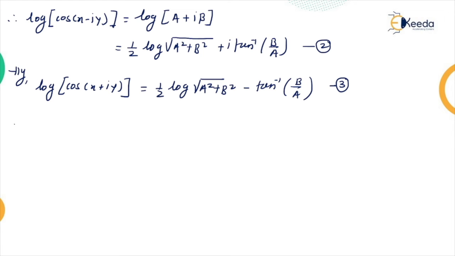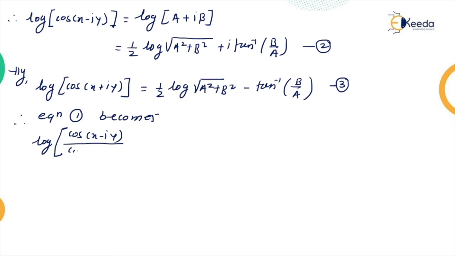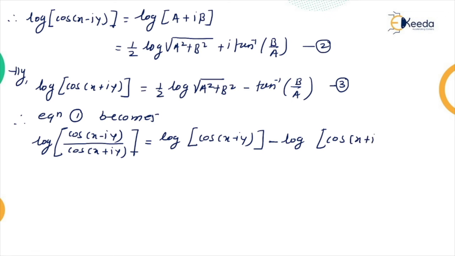Therefore, equation 1 becomes log of cos x minus iy divided by cos x plus iy, and we can write it in this form: log of cos x minus iy, minus log of cos x plus iy.